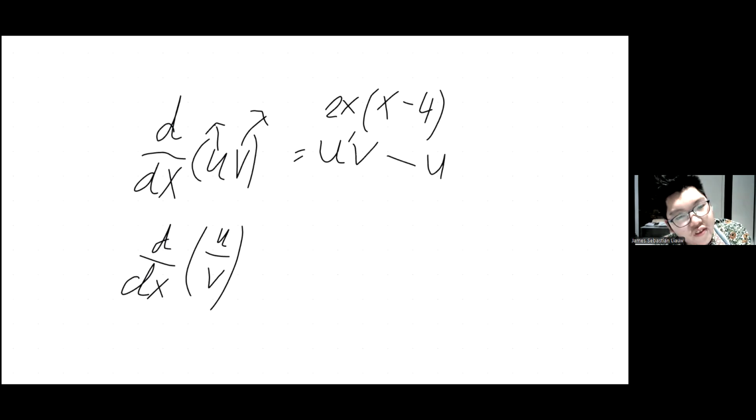For products, it's U prime V plus UV prime, or sometimes you'll see this as V du dx plus U dV dx.